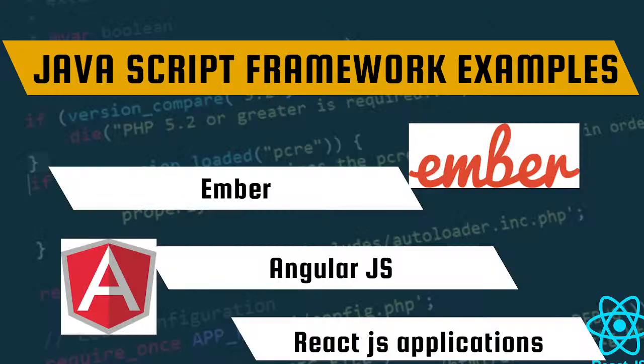Coming to the next slide, here comes JavaScript frameworks, and here I have mentioned a few examples as well. So the frameworks include Ember, AngularJS, React applications, Vue.js. So what is this Ember.js? Why are we using this Ember.js?